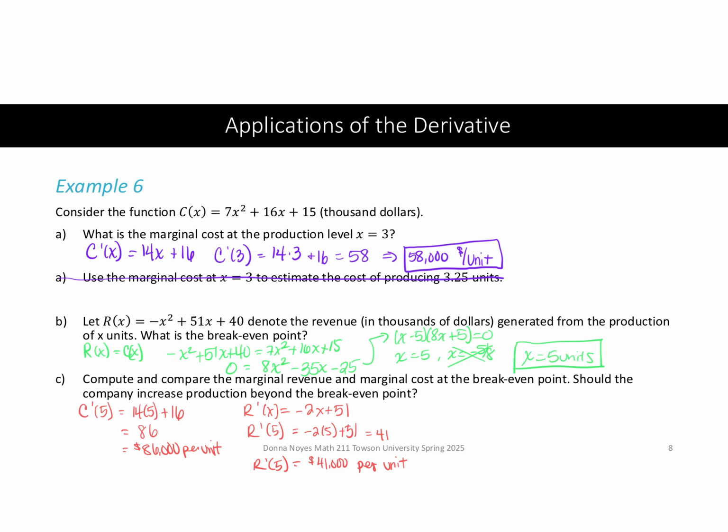So we would say, since C prime of 5 is greater than R prime of 5, right? We do not increase production. So we do not want to increase production past x equals 5.